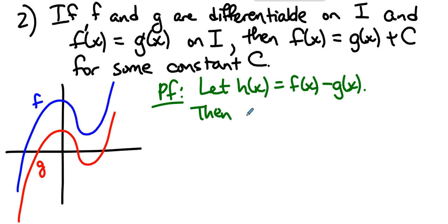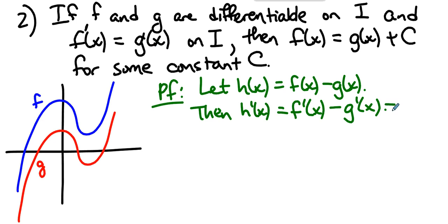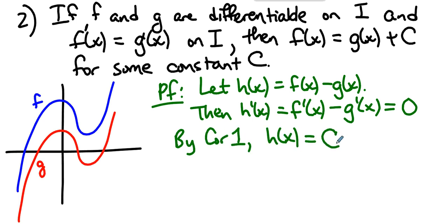If that's the case, then the derivative of h is the derivative of f minus the derivative of g. And what do we know about that? Well, if f prime is equal to g prime, that's 0 for all x. But wait a minute, if h prime is 0, by corollary 1, h is some constant.